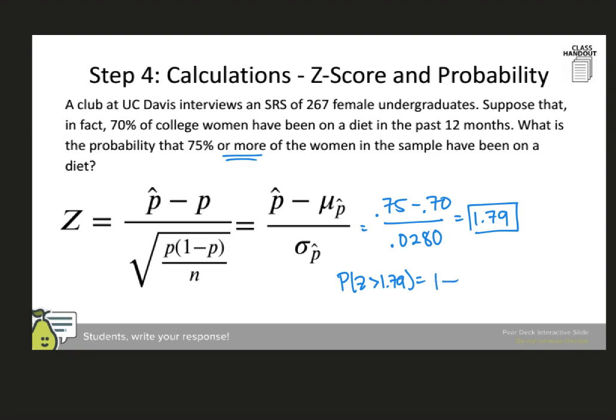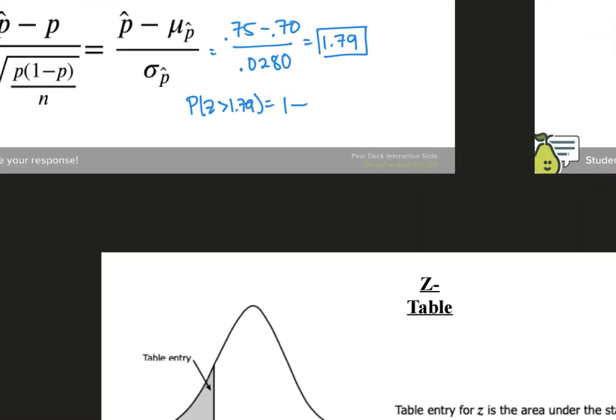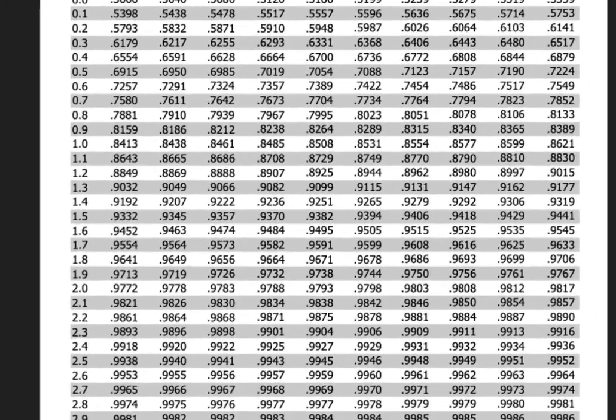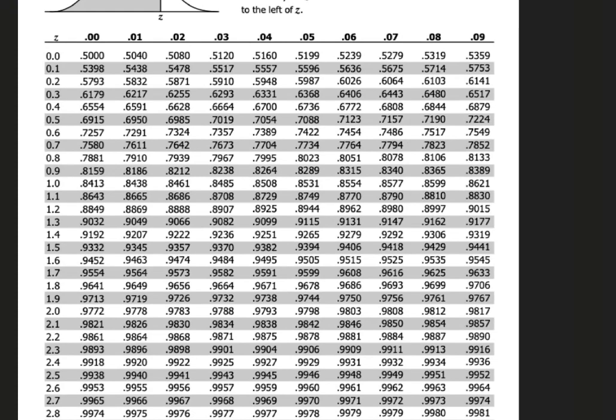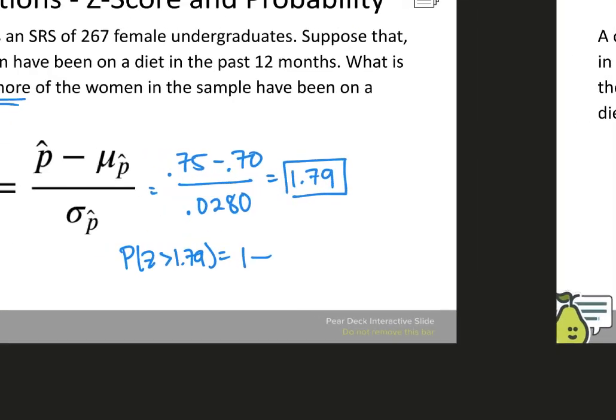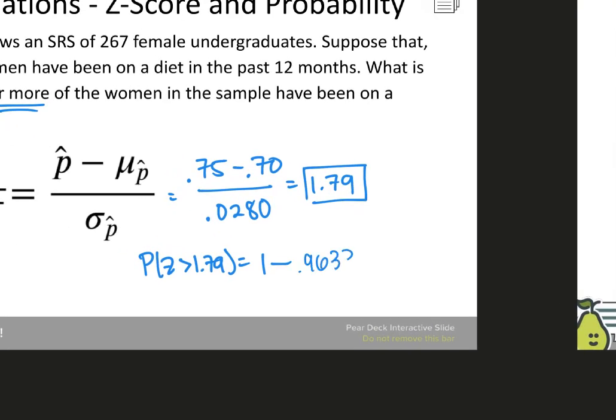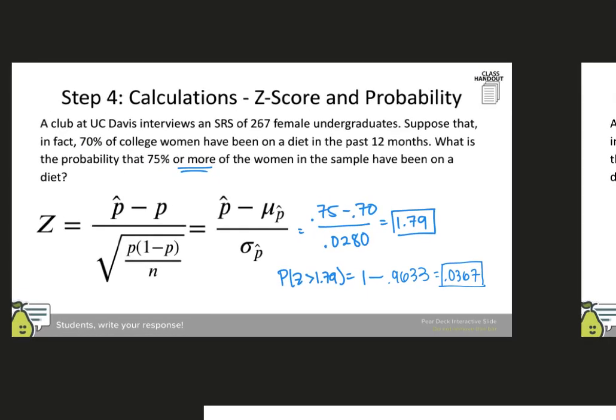So I'm going to look up 1.79 in my table. So 1.79 is going to be 0.9633. So 1 minus 0.9633, we get 0.0367. So here's our z, and here's our probability.